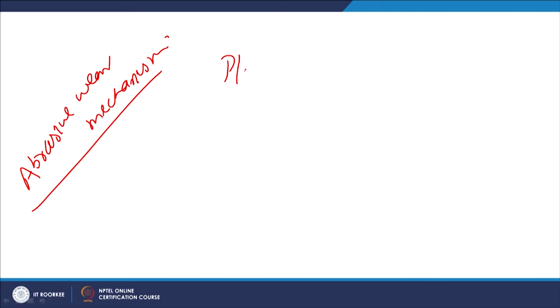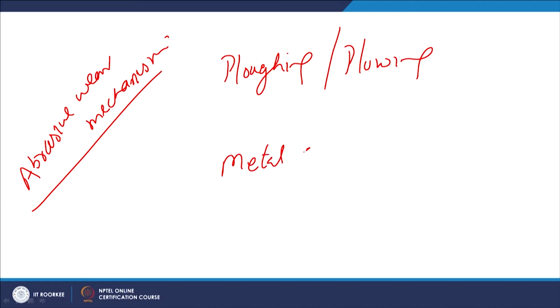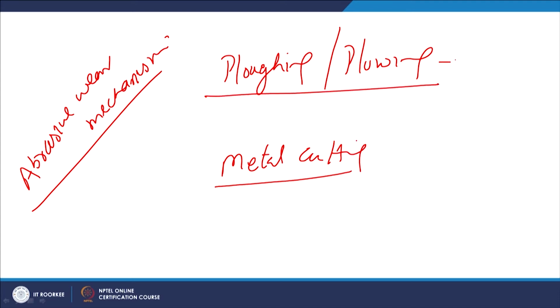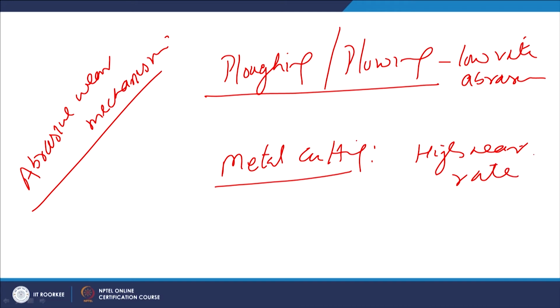One is called plowing, and then there is metal cutting, or simply cutting. Plowing leads to a low rate of abrasion, while metal cutting causes a very high abrasive wear rate.